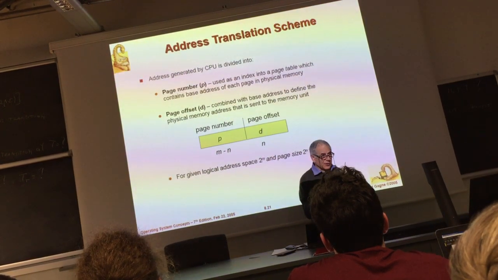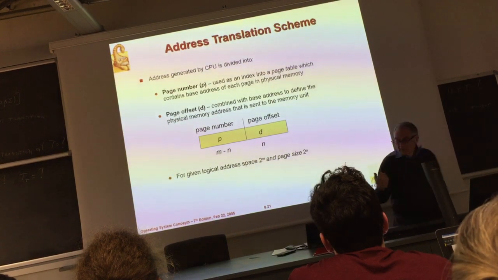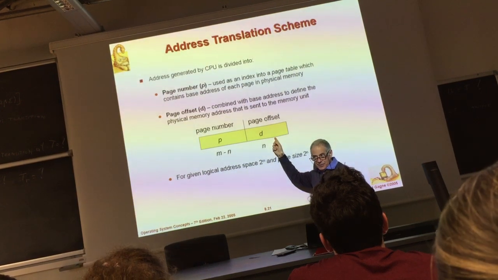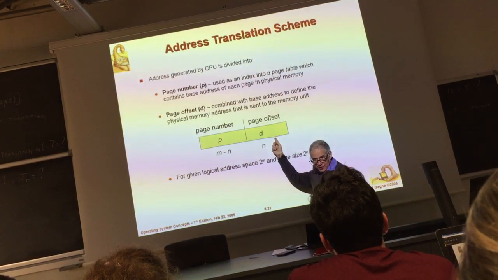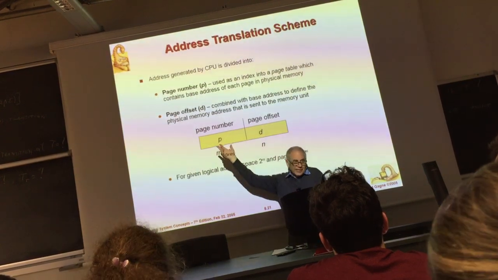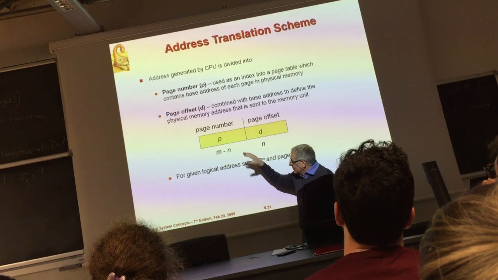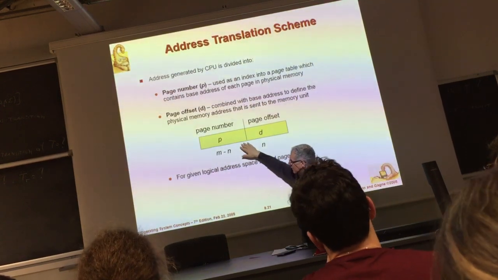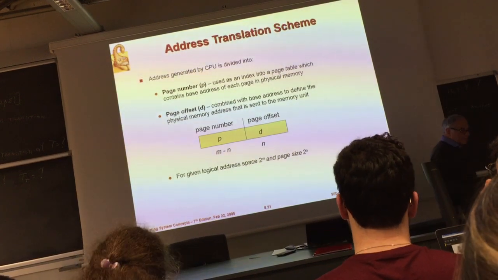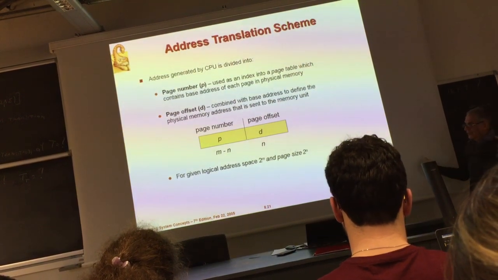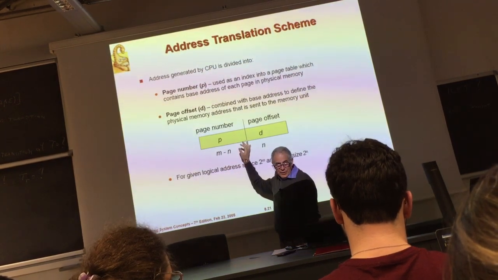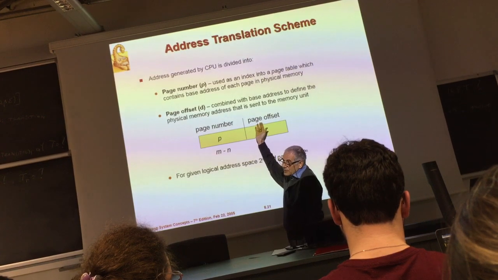So if a page is of 1 kilobyte, you need 10 bits here, 10 bits, because 2 to 10 is 1 kilobyte. And if you have, say, 32 bits for the address, the remaining 22 are page numbers. So with a 32-bit architecture, you may have 2 to 22 pages of 1 kilobyte.